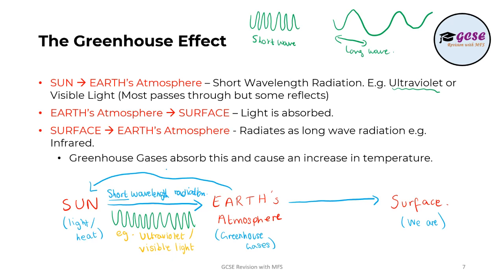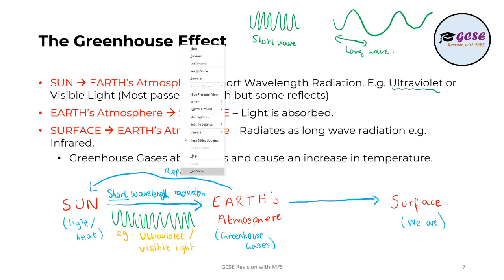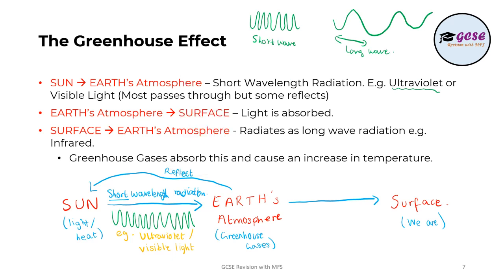So most passes through, but some reflects into space. And at the surface, we can see that the light is absorbed.